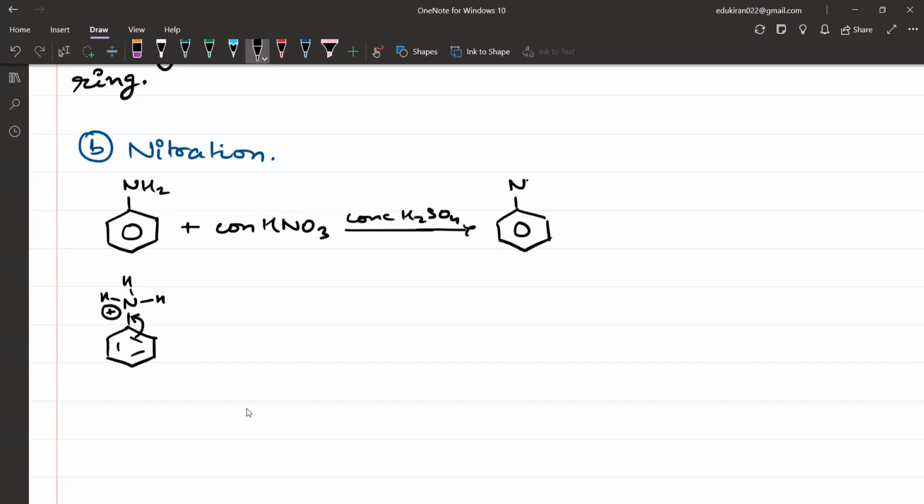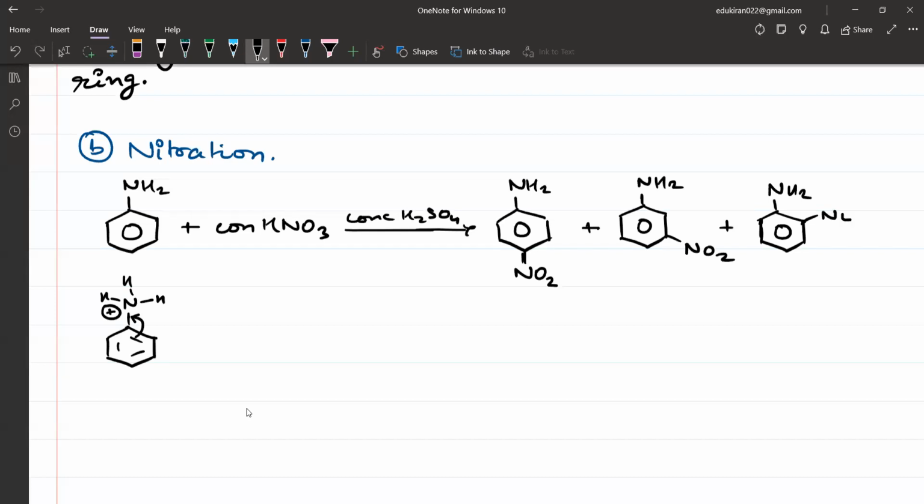You get NH2, NO2 at the para position, plus you also get some meta NO2, and a very small amount of ortho NO2. Okay, this is 51%, this is 47%, and this is 2%.